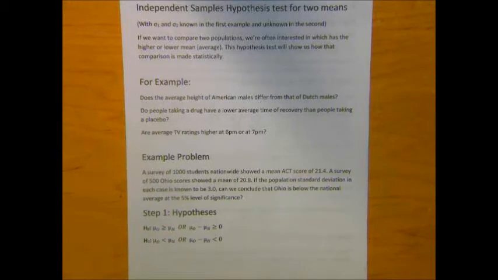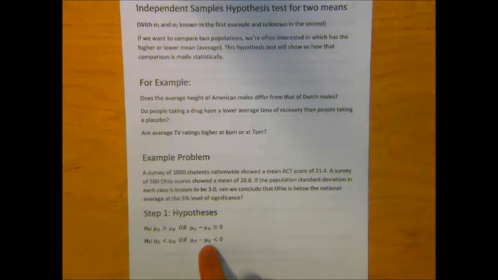Notice with a quick algebra step, we can subtract mu N from both sides, and then we end up with the difference between Ohio and the national average is greater than or equal to 0 versus the difference of the Ohio and national average is less than 0. These are equivalent hypotheses, but it may help to write them in this order when we create the test statistic.